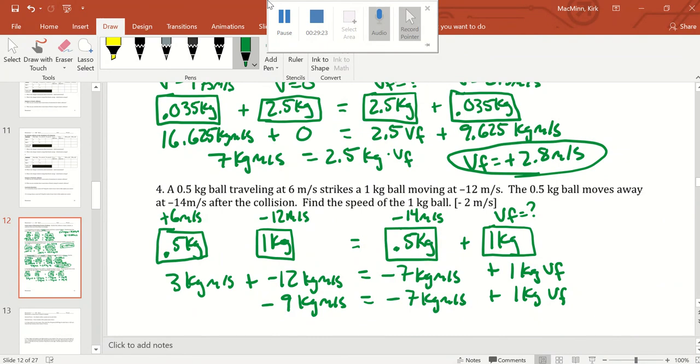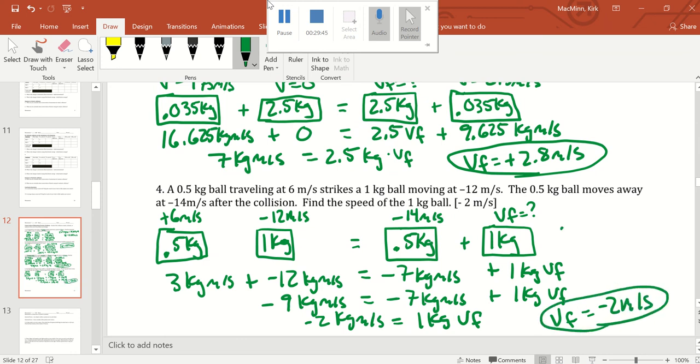Add 7 to both sides, we get negative 2 kilogram meters per second equals 1 kilogram Vf. And divide both sides by 1, and you're going to get the final velocity of the 1 kilogram mass is going to be negative 2 meters per second, or 2 meters per second left. So initially they were moving this way. Afterwards, after their bounce, they're moving away from each other.